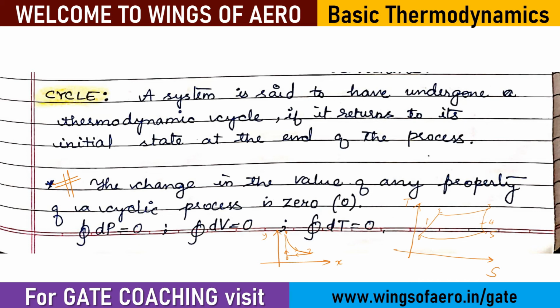That is the change of any property value. Whatever property they ask you to find, the sum over all the points has to be 0. That is the key concept here. The same thing, if you see the 2021 paper, they have given a problem on circulation.